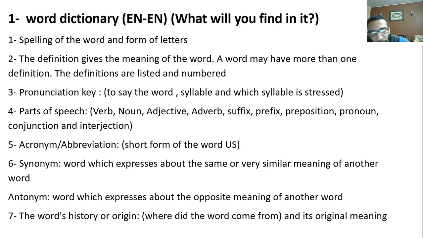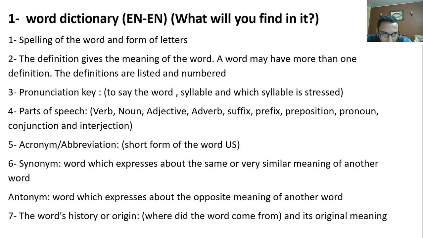Okay, and then we have acronym or abbreviation, which means the short form of a word, like USA, United States, we can call it US, okay, United States. Number 6, which is synonym, which is a word which expresses about the same or very similar meaning of another word.